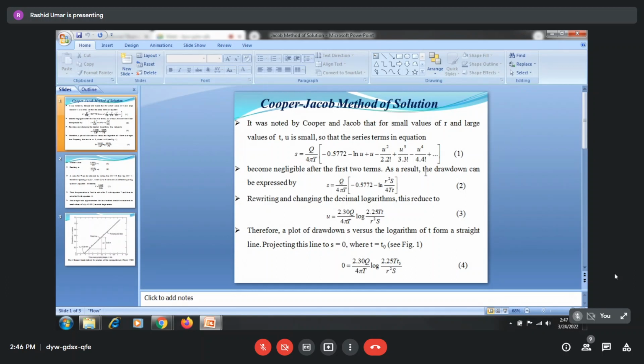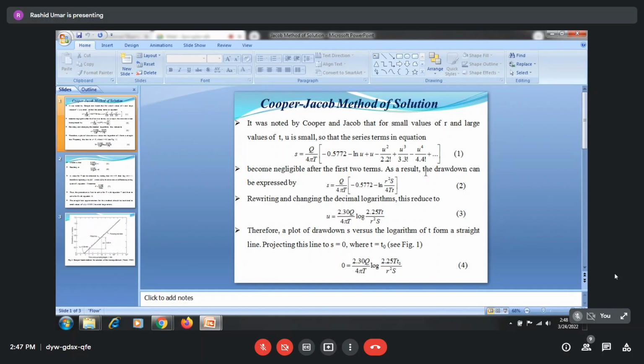But as a rule of thumb, it is said that if your aquifer is, suppose, 50 meters thick, the formation which is acting as an aquifer, then your first observation well should be 50 meters away from the pumping well. This is not strictly followed, but it is just a rule of thumb.